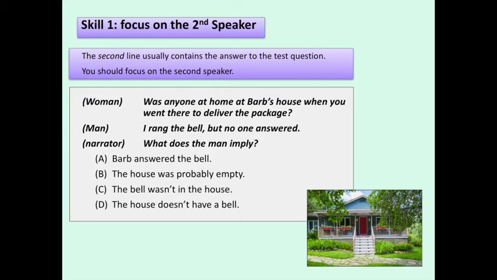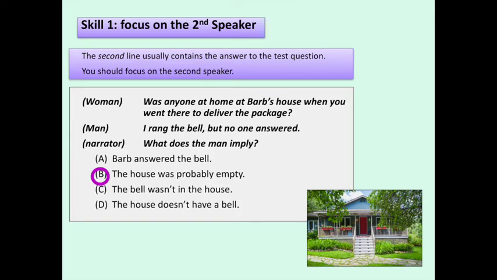Okay, remember that we will need to make an intelligent guess because the answer is not the exact same thing we heard. So, the second speaker said, I rang the bell, but no one answered. So what does that mean? B, the house was probably empty.